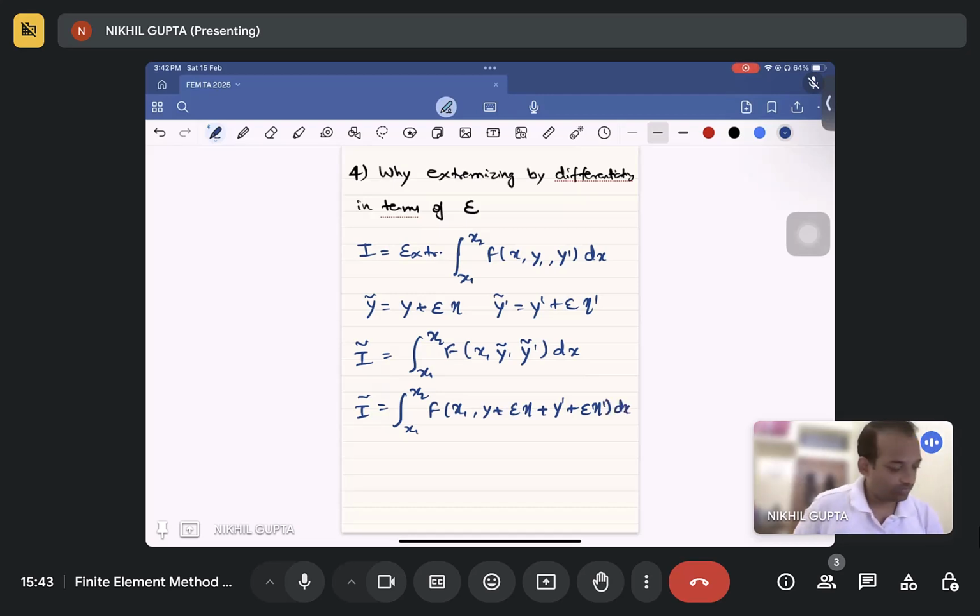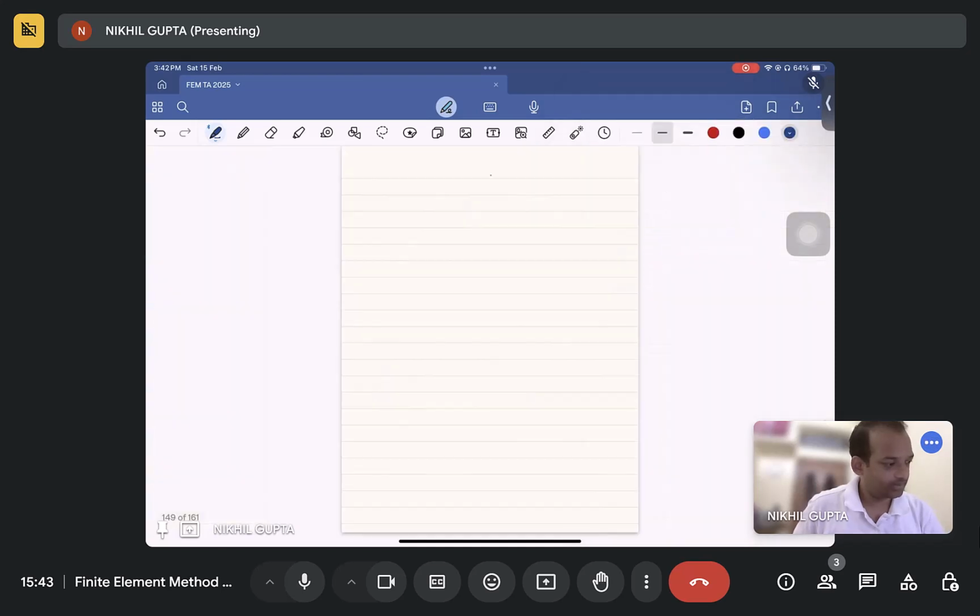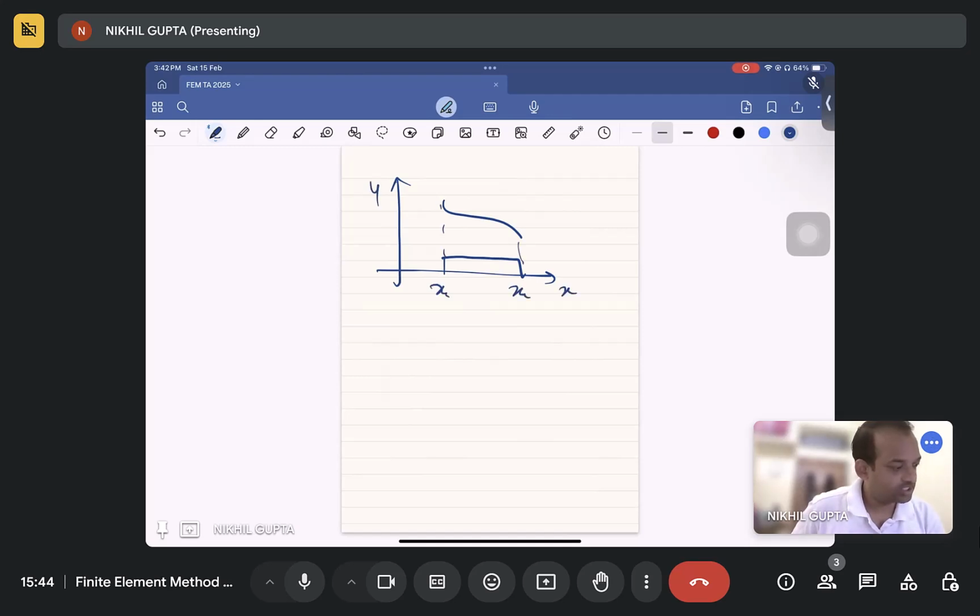Okay, so the main thing to observe here is that I is a function of epsilon. We have a function, we are perturbing it with a different function, and we are changing it using the value of epsilon. With this epsilon we can get this, with a smaller epsilon we can get this, with a bigger epsilon we can get this.